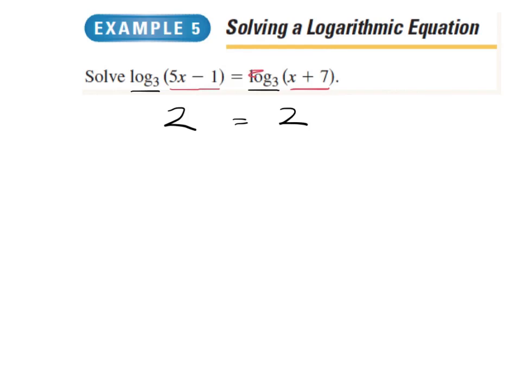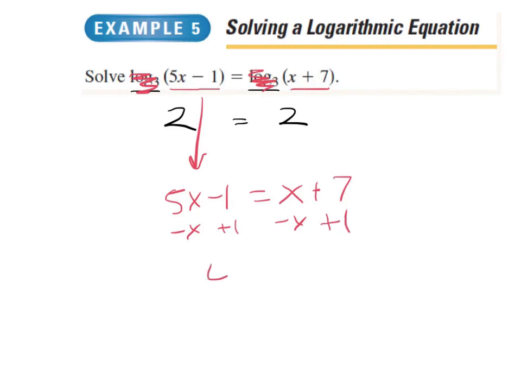So I can ignore my logarithm and just write this right here. 5x minus 1 equals x plus 7, and I can solve for x now. So I subtract x, and then I add 1, and I get 4x equals 8. Divide by 4, and x equals 2.